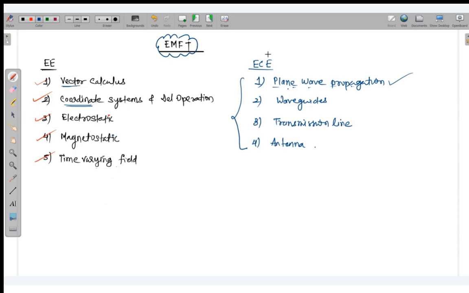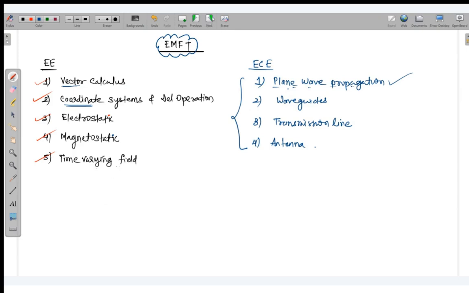These concepts we have to apply here. So it is not about EE or EC students; both students have learned these topics, electrostatics and magnetostatics. The basic things are very similar to what you learned in JEE. If you prepared well in JEE, then electrostatics and magnetostatics will definitely be a cakewalk for you.